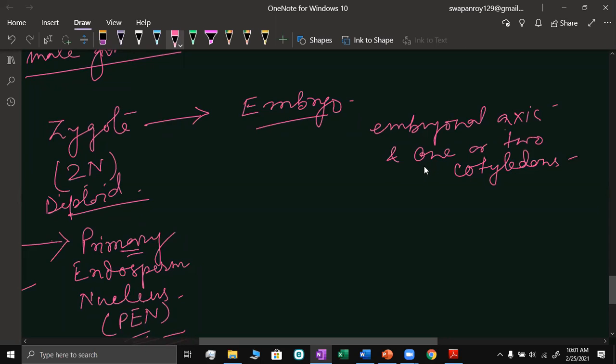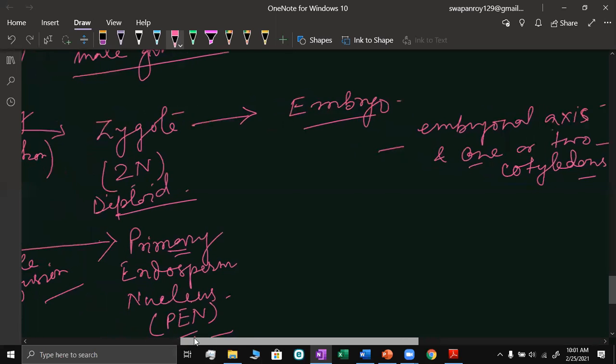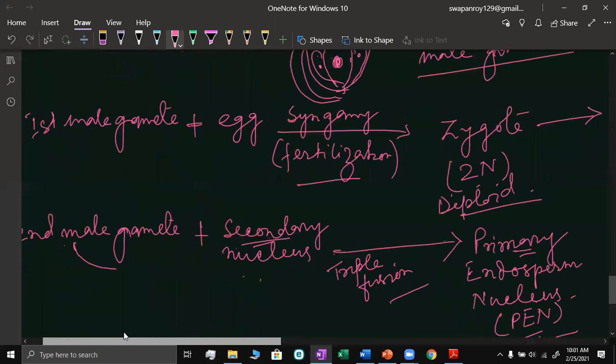In monocot, there is one cotyledon; in dicot, two cotyledons. In the embryonal axis, there is a radicle and plumule. This is produced within the ovule.